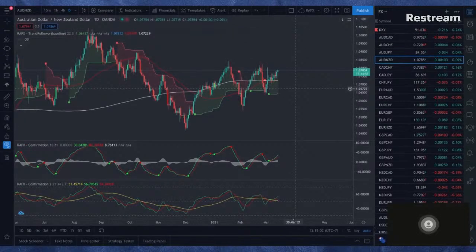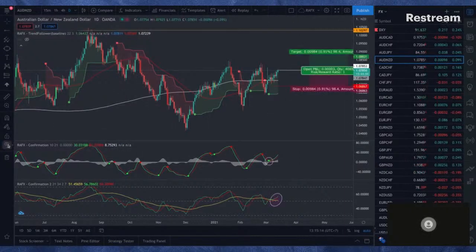Next is AUD NZD. So this one is the one I entered a new position today. So let me check if it's true. Okay. So AUD NZD I entered earlier today because I believe the trend will continue.